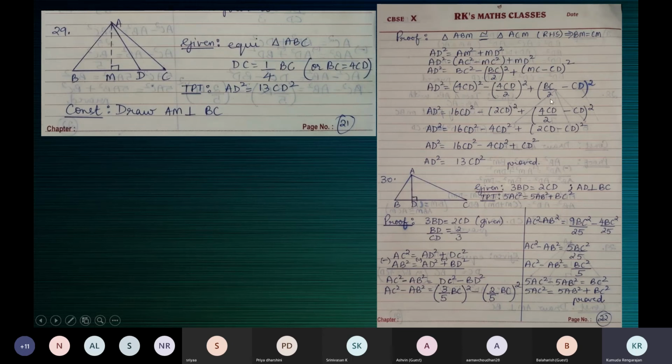Okay, we got BC, so we'll get CD also. And CD is CD. So like this, we're trying to somehow get CD into the picture. We want CD. CD is BC by 4. And AB is equal to AC is equal to BC because all the sides are equal, equilateral triangle.